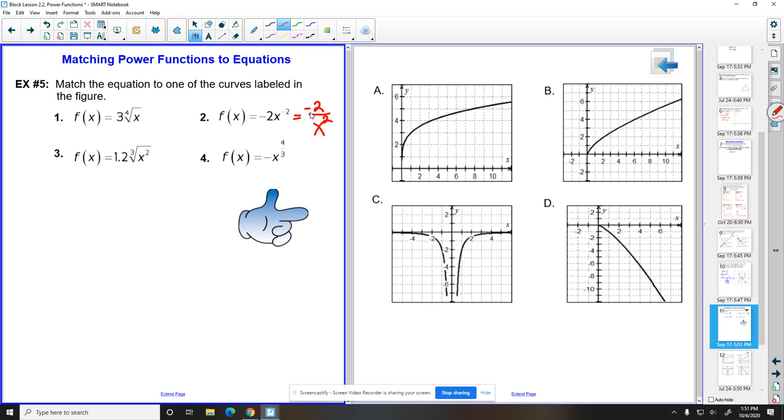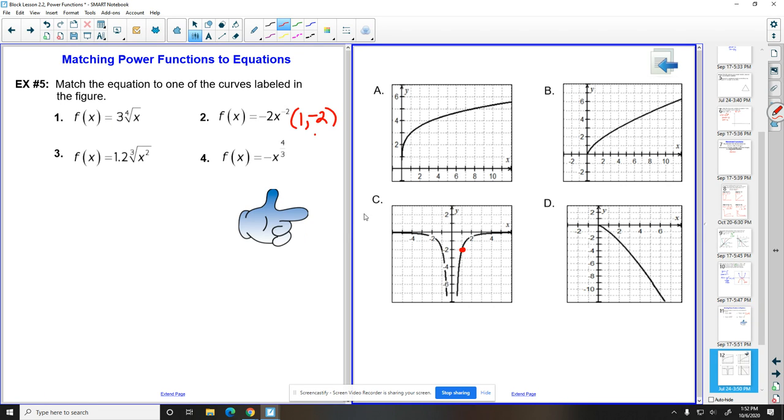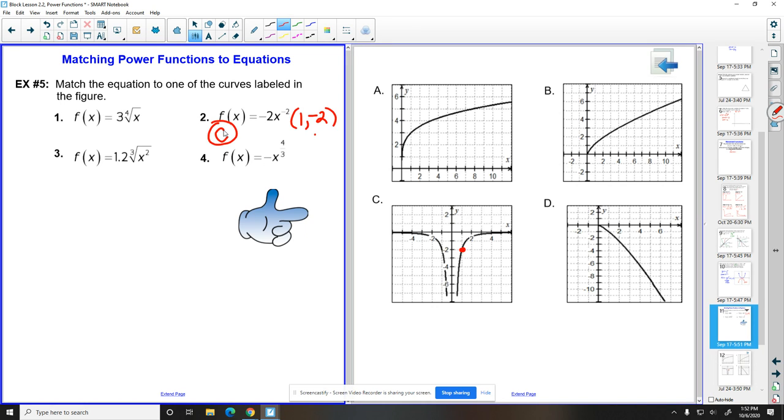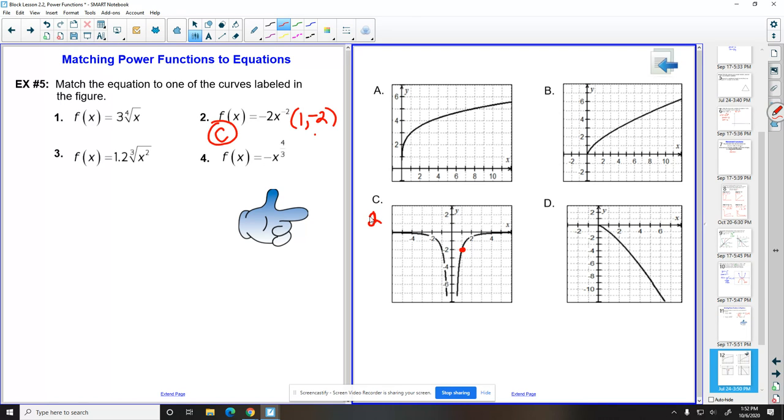I could also take it further and say that I know a key characteristic point on this curve is going to be the point 1 comma k. So in this case it would be 1 comma negative 2. I'm just going to look for a graph that has a point at 1, negative 2. This guy down here does. So that's going to be our match. So this is graph C, and graph C is the same as equation 2.